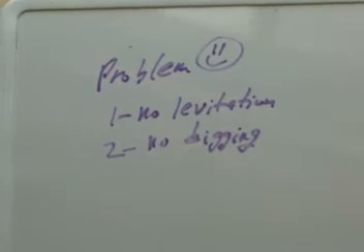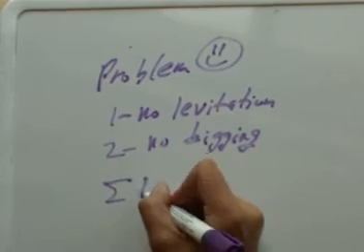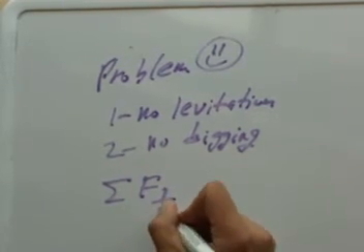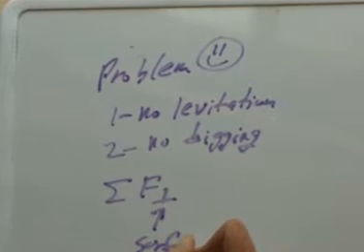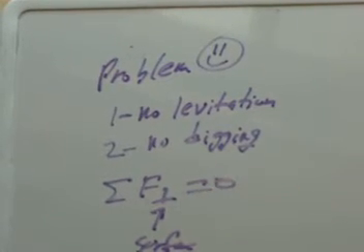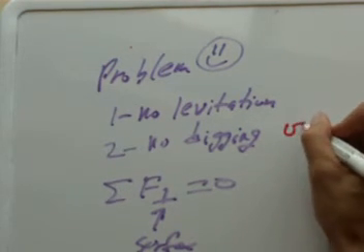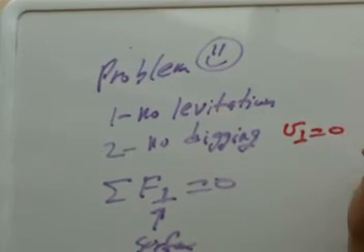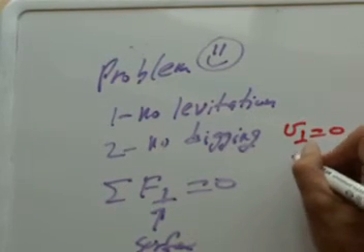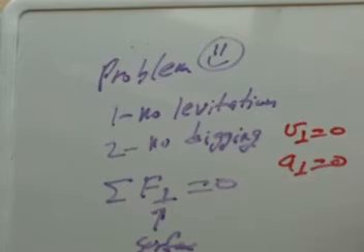And if this is true, then the sum of the forces perpendicular to the surface must be equal to 0. And again, why do you want those forces to be equal to 0? Because if there's no levitation and no digging, you always want the velocity perpendicular to the surface to be 0, and if that is going to be 0, you need the acceleration perpendicular to the surface to be 0 too.